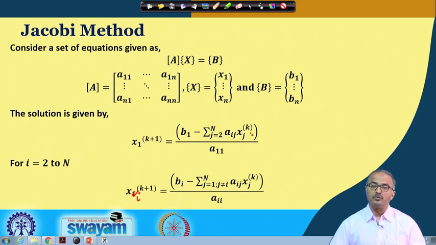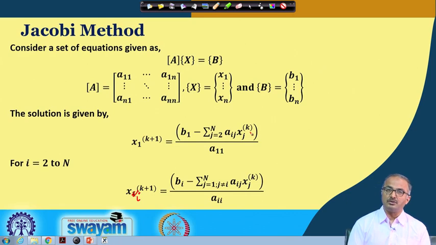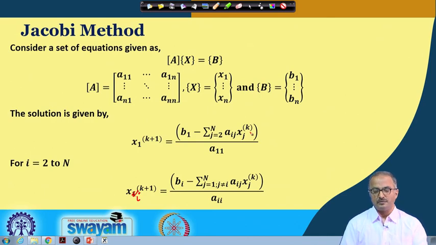Before we move on to the next iteration, we must check the values of x at the kth level and the k plus 1th level, and if we are not getting convergence, and the convergence criterion will be decided by the user. There could be one criterion or more than one criterion. So, that will be prescribed by the user. Whatever it is, we have to keep on checking the iteration and updating the values of x.